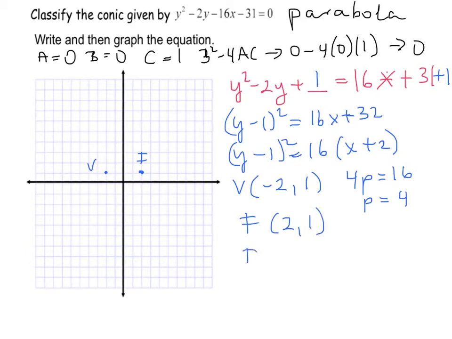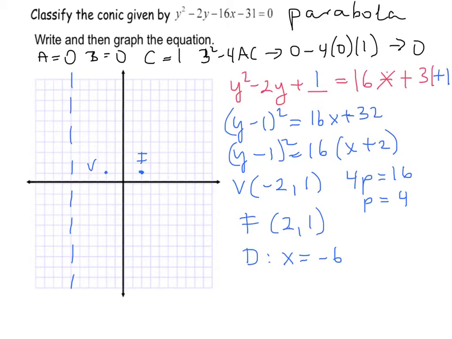I also know that the directrix will be to the left of the vertex 4 units, so it's going to be x equals negative 6, and I'm going to graph that as a vertical line, and I will use my latus rectum to graph the rest of the parabola.